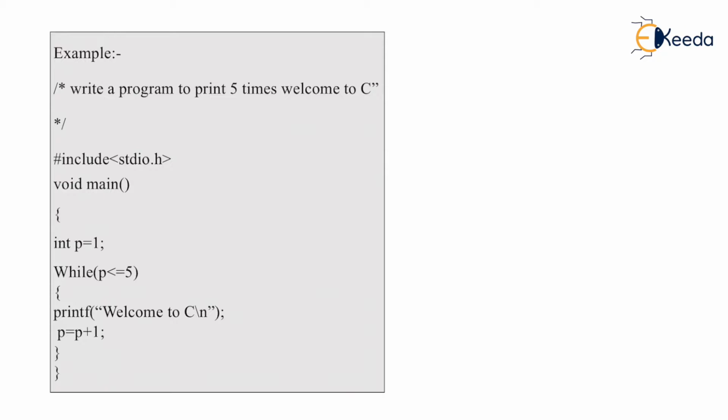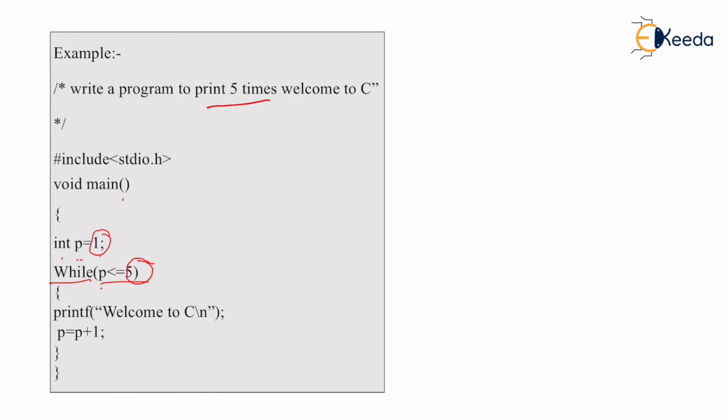So in void main, we write int p = 1. We are declaring one variable p and initializing it as 1. Now with the help of a while loop, we say p <= 5. Why 5? Because we want to print "welcome to C" 5 times.